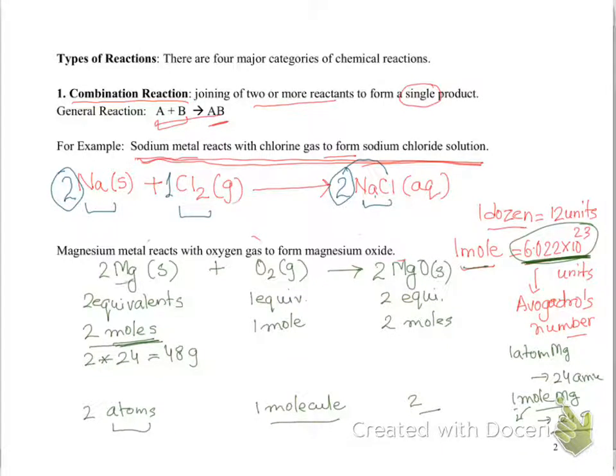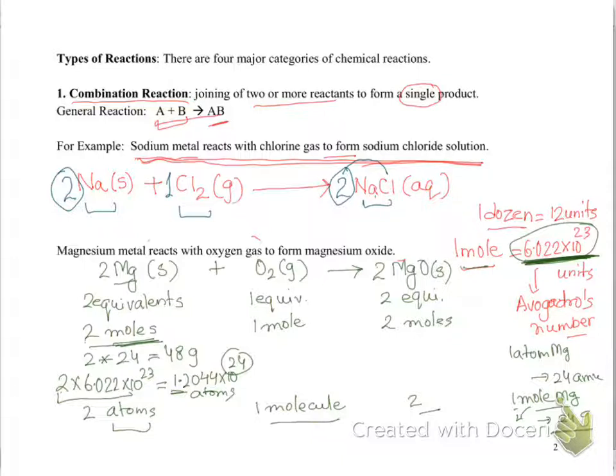How many atoms of magnesium am I talking about? 1 mole is these many atoms, Avogadro's number. That means 2 moles will be 2 times 6.022 times 10 to the 23rd, which is equal to 1.2 times 10 to the 24th atoms of magnesium. You're going to ask where this 24 comes from. When I'm multiplying 2 times 6.022, I get 12.044, then I change it to scientific notation.